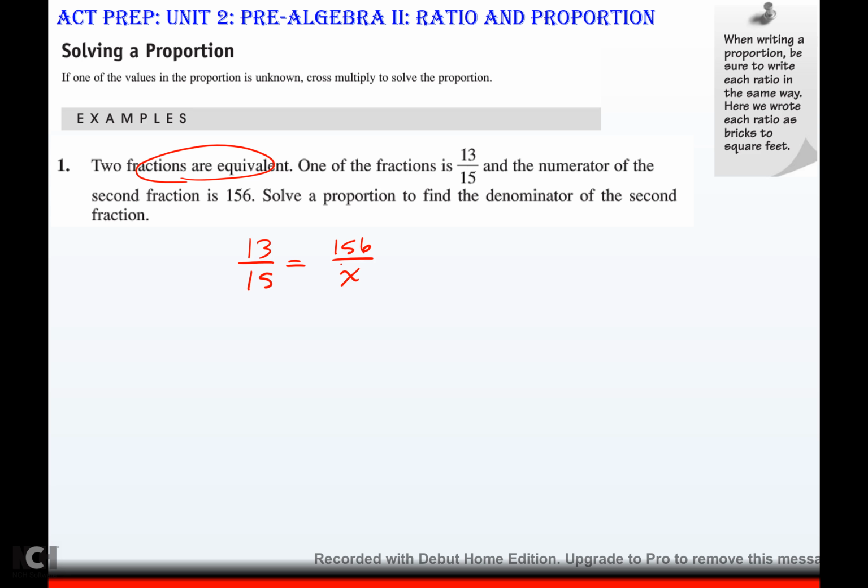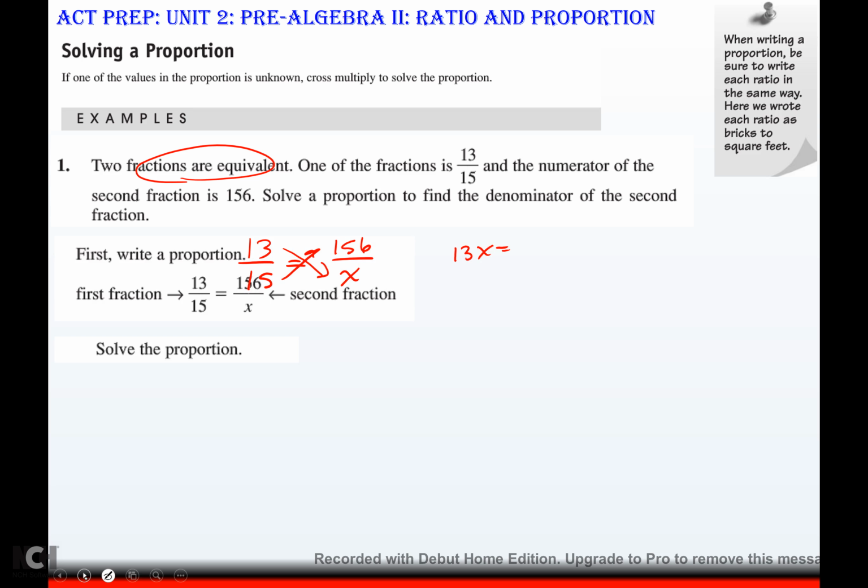So now to solve it, you're going to do 13 times x, which is 13x, equals 15 times 156, which is 2340. So to get rid of 13, I divide by 13.